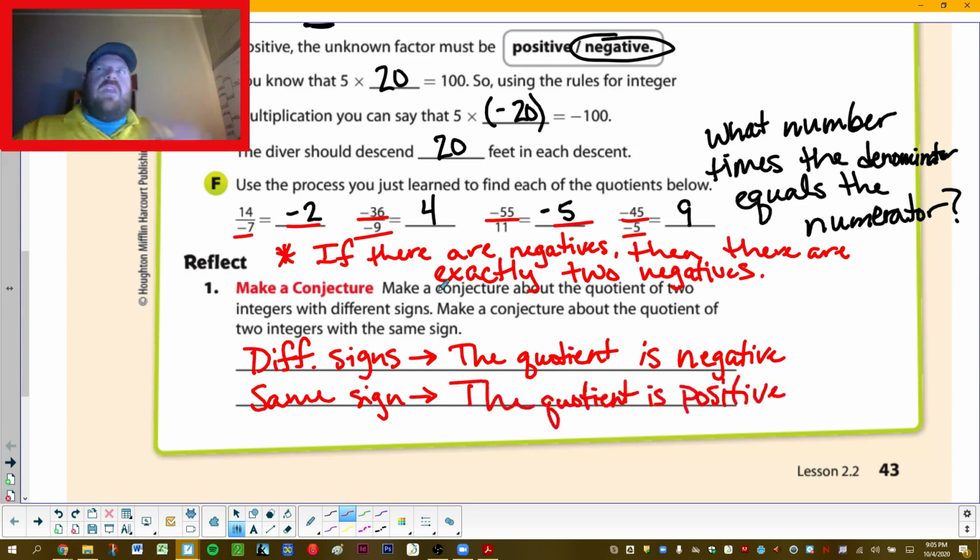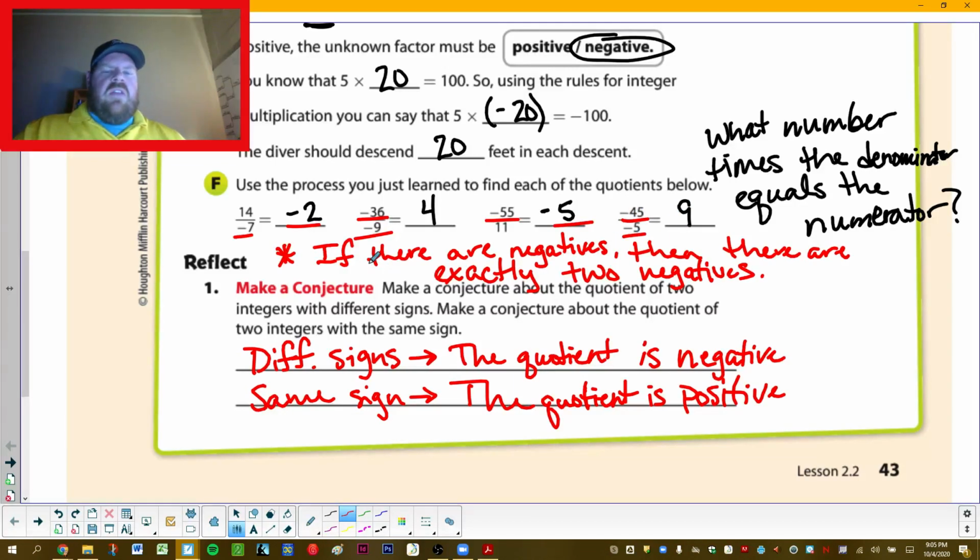The only other thing that wasn't really covered here is what if we divide two positives, right? That's something that we kind of expect you to know by now, is division of just positive numbers. So like if this was +45 divided by +5, we would get +9.